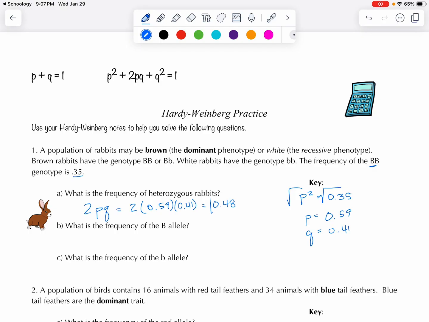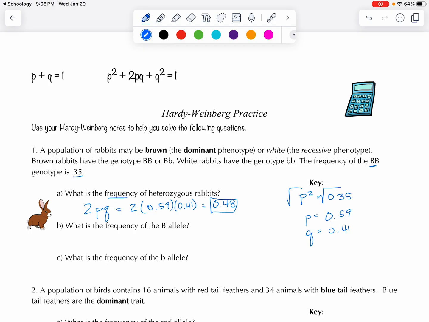You can round everything to the hundredths place, and that's how we do it for the test as well. It's asking for the frequency, so that's why I'm putting 0.48. When it asks for frequency, it's always the decimal. If it asks for percentage, then we change it to a percentage.